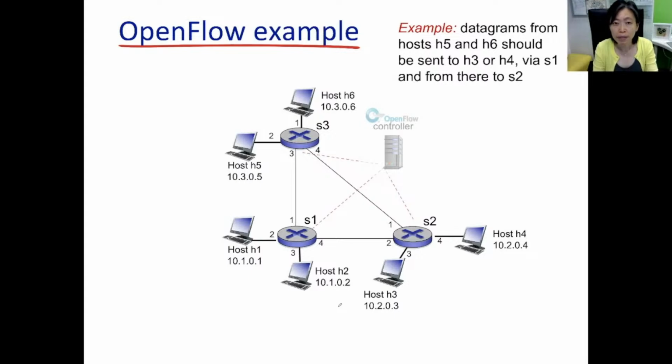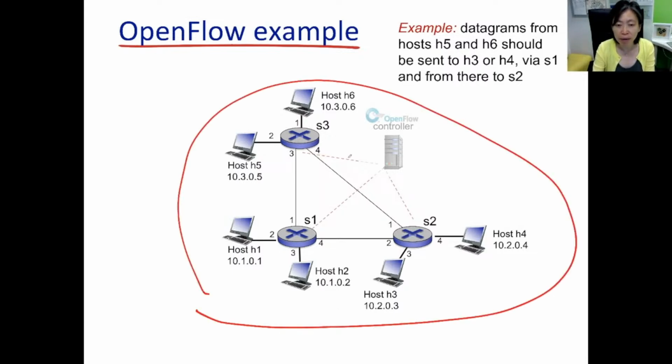The last example is actually to go beyond one single SDN router to have multiple of them, forming a network like this. You see here, this network is composed of 3 SDN routers, S1, S2, and S3. And each of these talks to the controller through the OpenFlow protocol. This controller is sometimes also called the OpenFlow controller, just like some of them will call the SDN routers the OpenFlow routers.